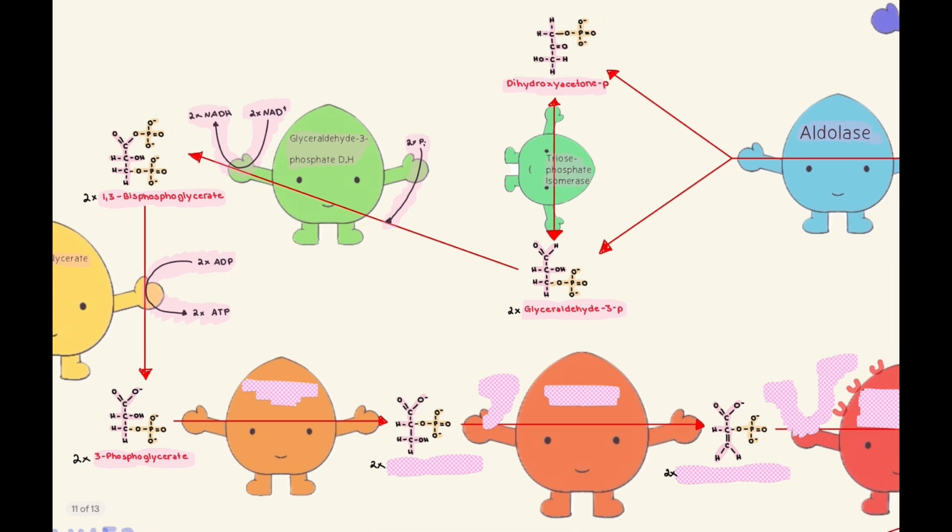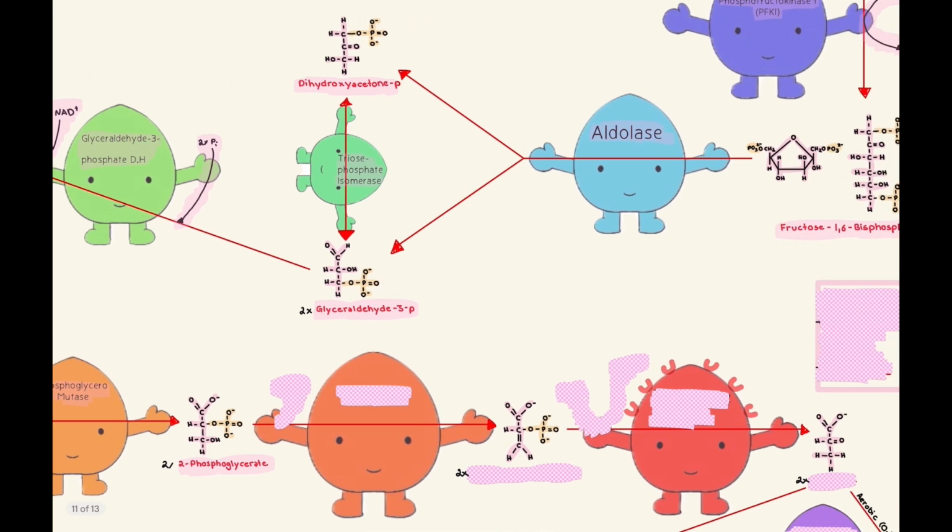In the next step, 3-phosphoglycerate is isomerized into 2-phosphoglycerate. The phosphate is thereby just transferred from the C3 carbon to the C2 carbon. This reaction again occurs twice, and this step can be classified as an isomerization reaction.